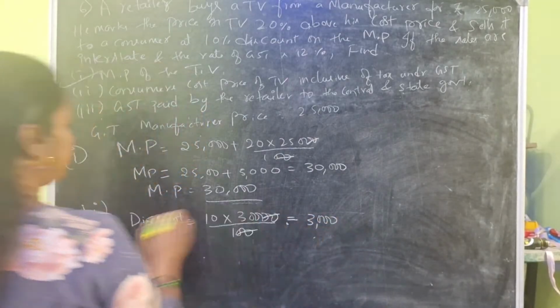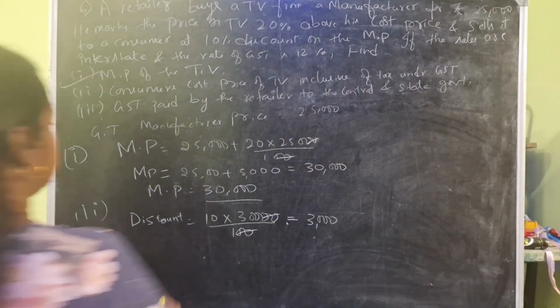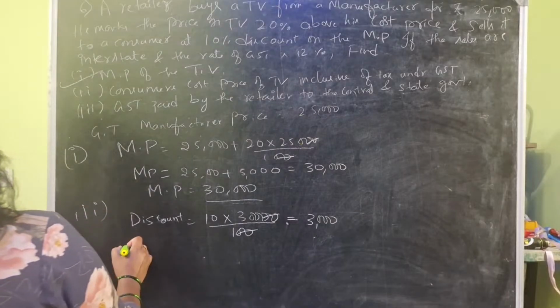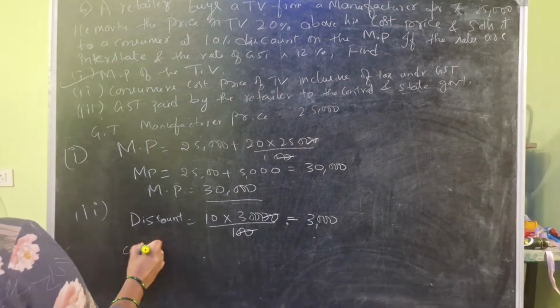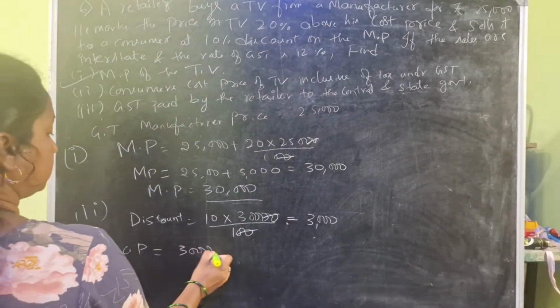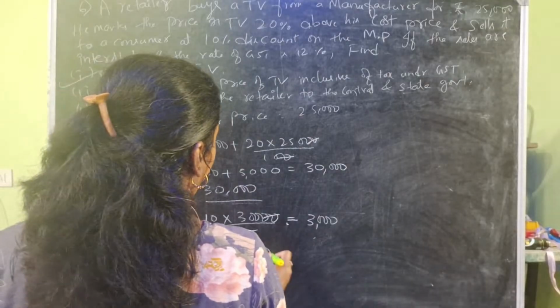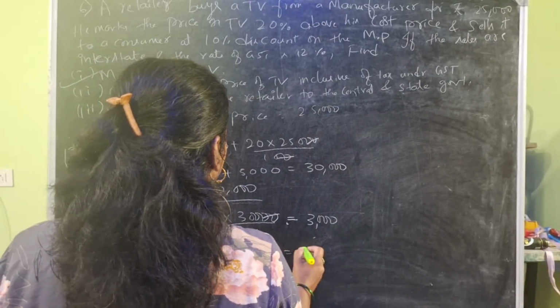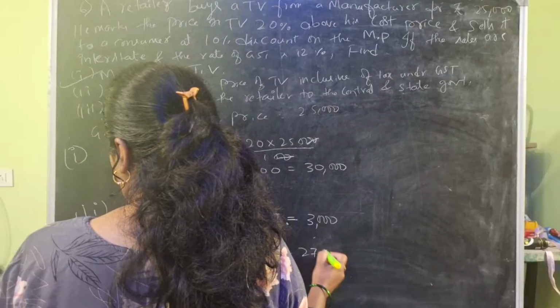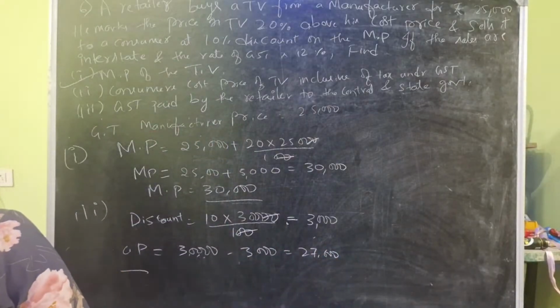So 3,000 is the discount amount. So the cost price is equal to 30,000 minus 3,000, which is equal to 27,000. 27,000 is the cost price for the consumer.